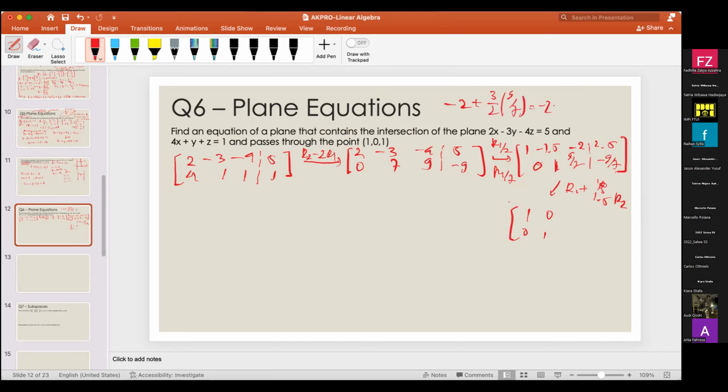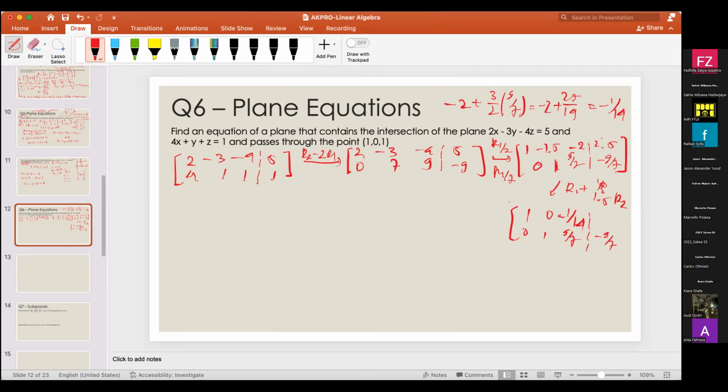That would be negative 2 plus 27 over 14. So this would be negative 28 over 14 plus 27 over 14. So this is negative 1 over 14. This is 9 over 7. And now R2 doesn't change, so this is negative 9 over 7.